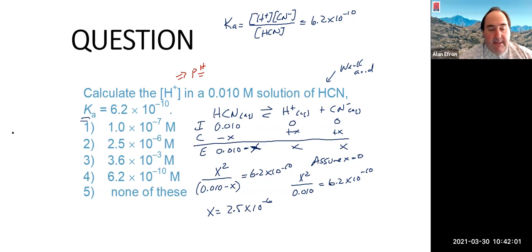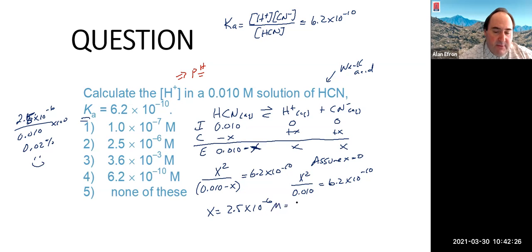We do want to check it. So again, we'll take our 2.5 times 10 to the minus 6 divided by 0.01 times it by 100. And in this particular case here, we are good. We're not even near 1% even. It's like 0.02%. So this is a good assumption.